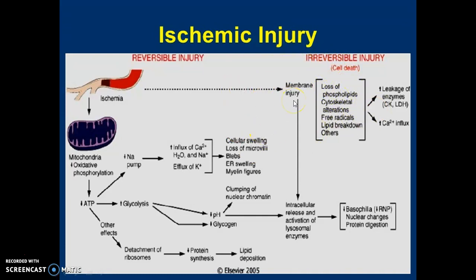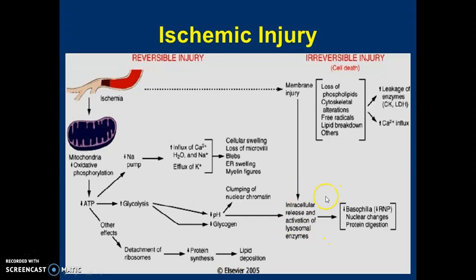If the membrane is damaged, then the cell enters into irreversible cell injury, and there is damage to all cellular membranes of the cell itself and the organelles of the cell. Also there is leakage of intracellular enzymes to the extracellular compartment.